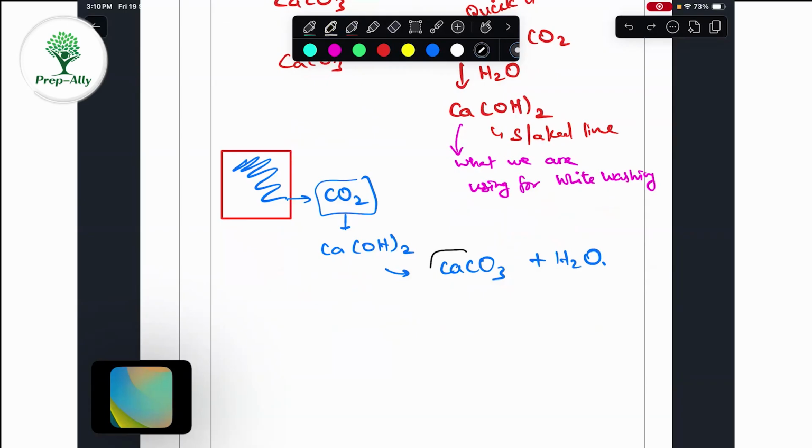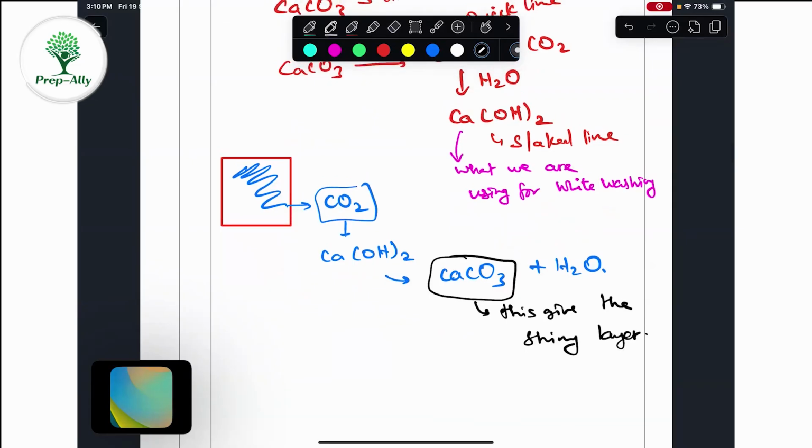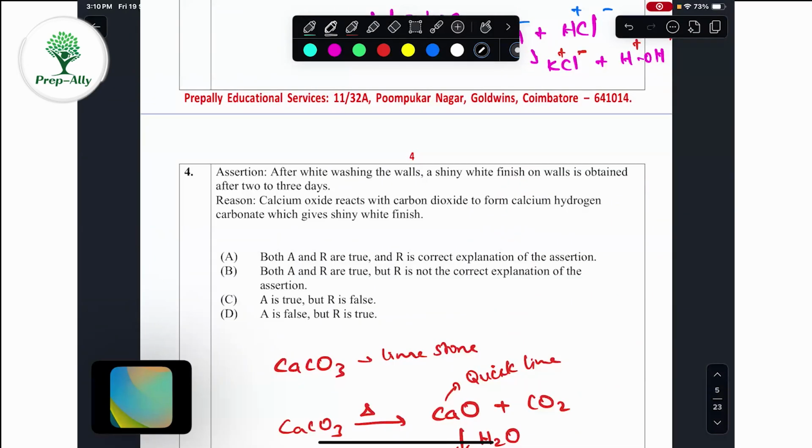and this gives the shiny layer. Okay, so the answer is going to be calcium carbonate, not calcium hydrogen carbonate. The shiny white finish is due to CaCO3, and it is not calcium oxide, it is calcium hydroxide.